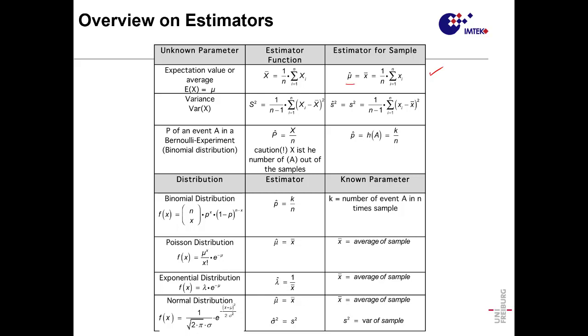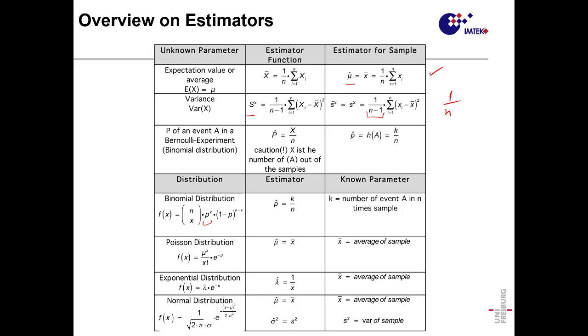For the variance is the formula we already know. We're going to talk about this one here later because it should be 1 over n, but this is an unbiased estimator. We'll see later.